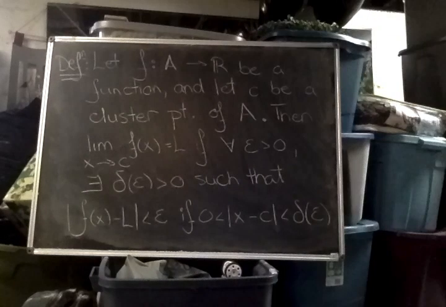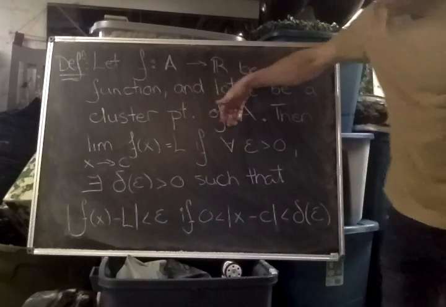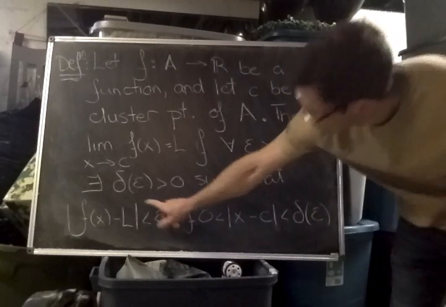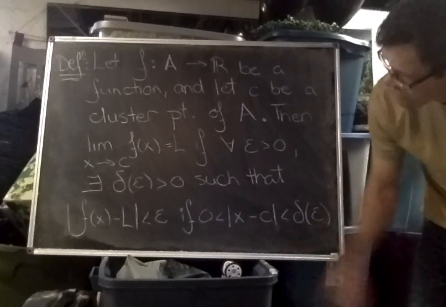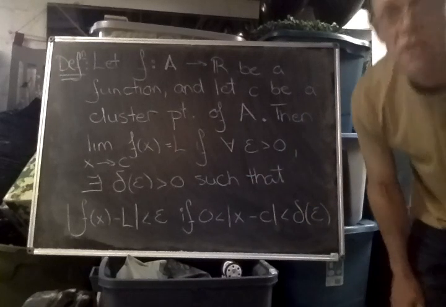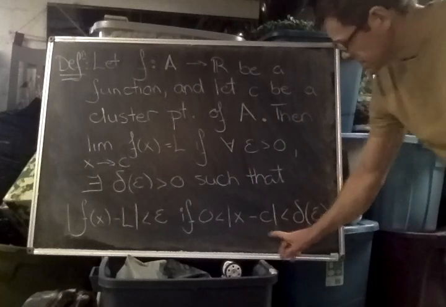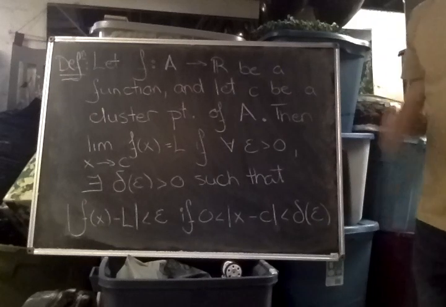So that is the definition of the limit as x approaches c of f of x is equal to L, right? This limit is equal to L if, for all epsilon greater than 0, there is some delta greater than 0 such that the distance from f of x to L is less than epsilon if the distance from x to c is less than delta and bigger than 0.